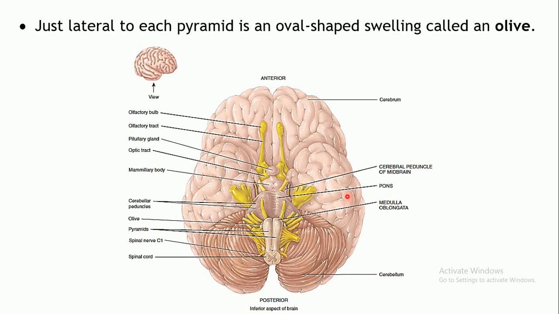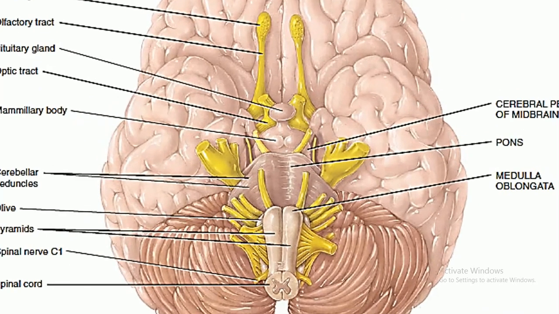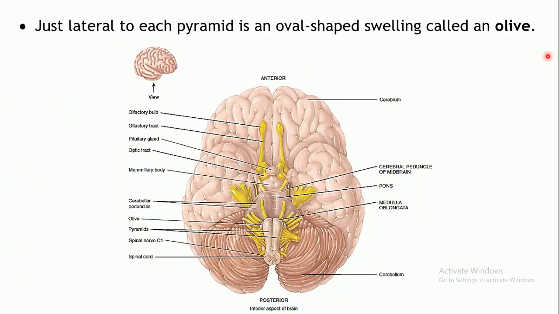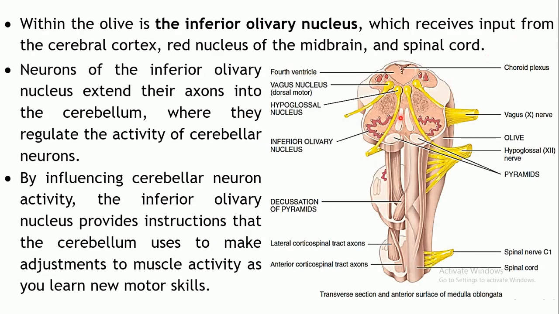Then lateral to these pyramids, these are the two pyramids of the medulla oblongata, right? Lateral to this are small oval shaped swellings. Can you see that? On either side there are small swellings called the olive.